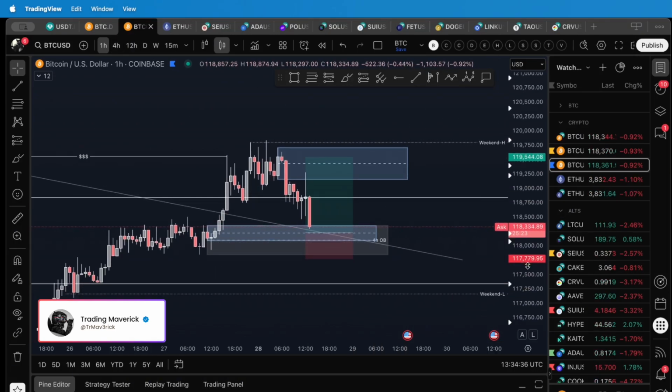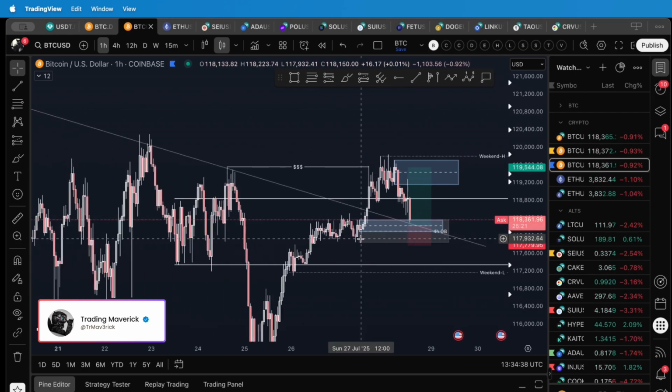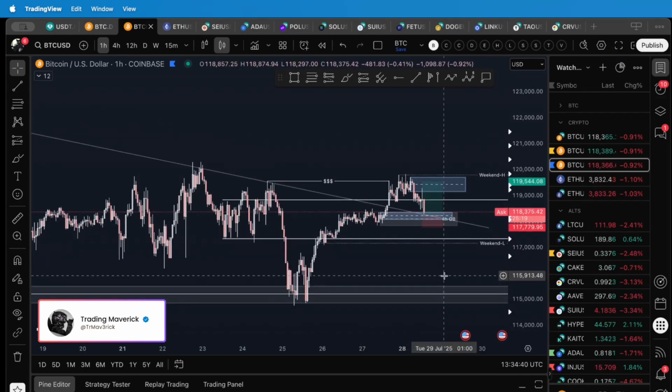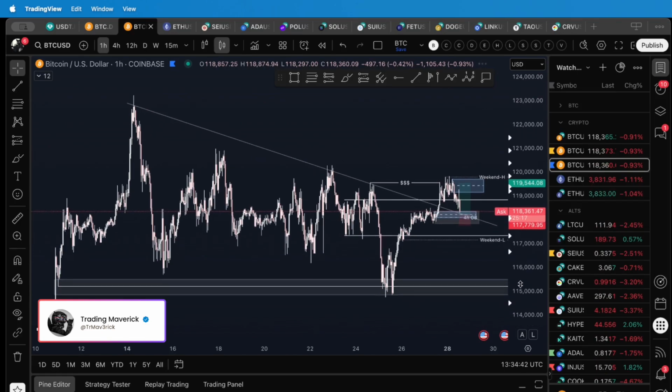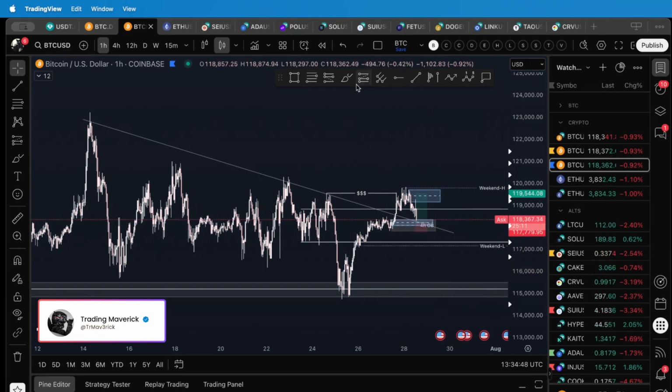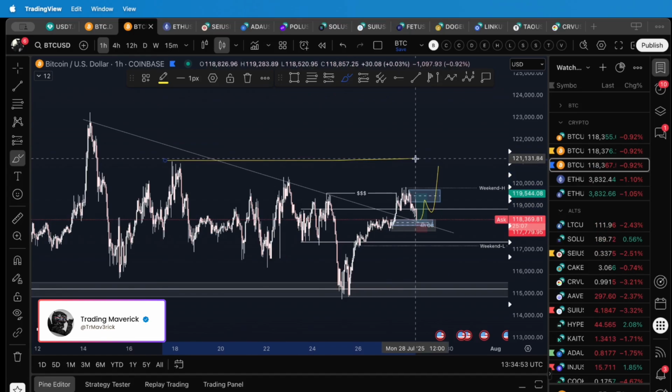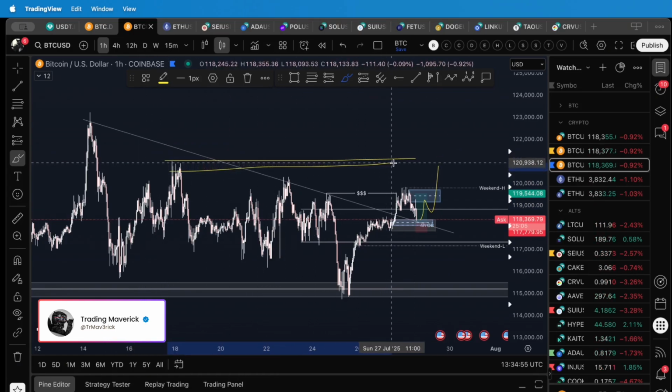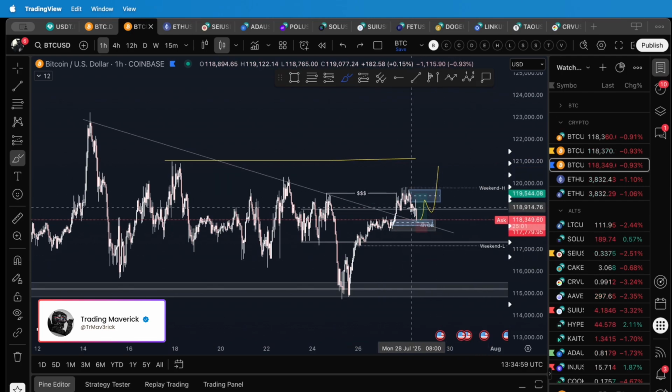And it's also on a trend line retest-ish, like this. So maybe Bitcoin doesn't go as low as weekend lows and just bounces here, because we have a lot of liquidity resting above. So yeah, maybe that's the low here and then shoot up.